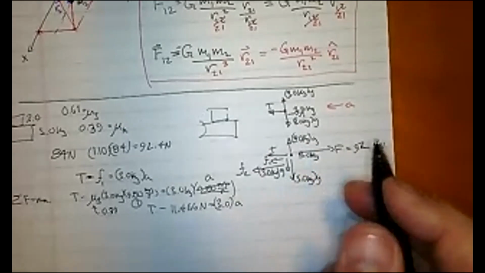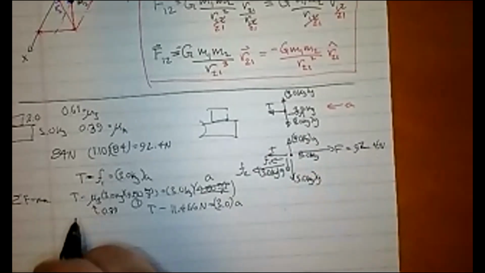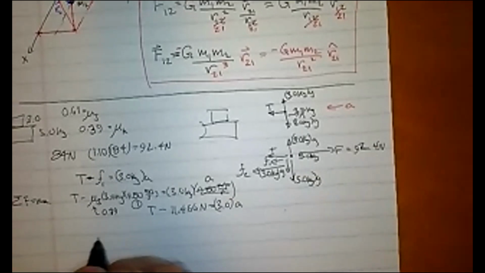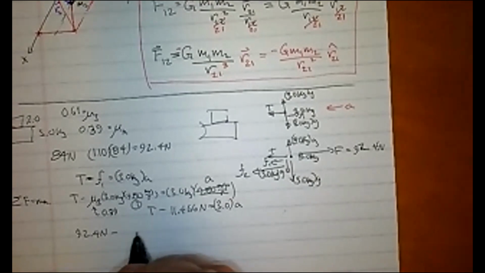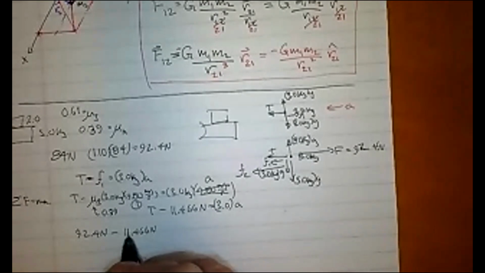Now the other one's a little bit more crazy in that I have 92 newtons going in the positive direction, which is the same way I considered T to be pointing. So 92.4 newtons. Now I have minus F1, which we decided was 11.466 newtons.